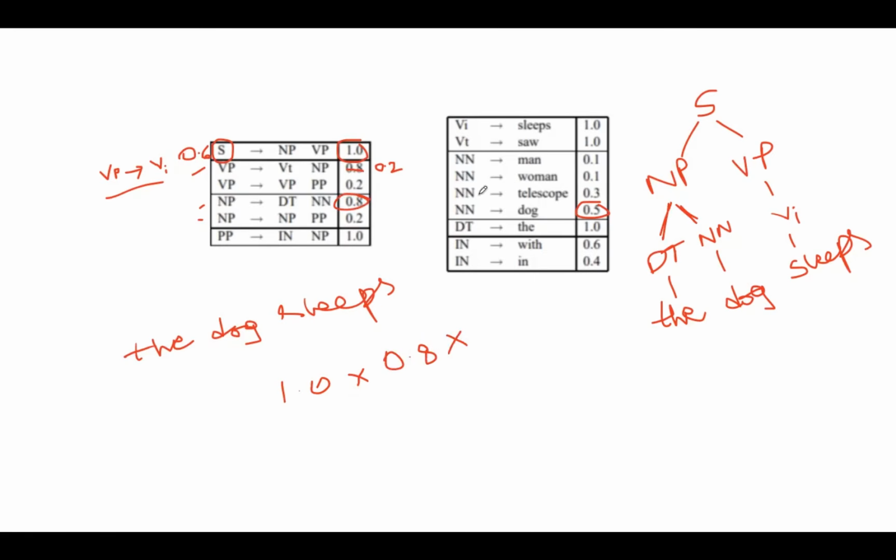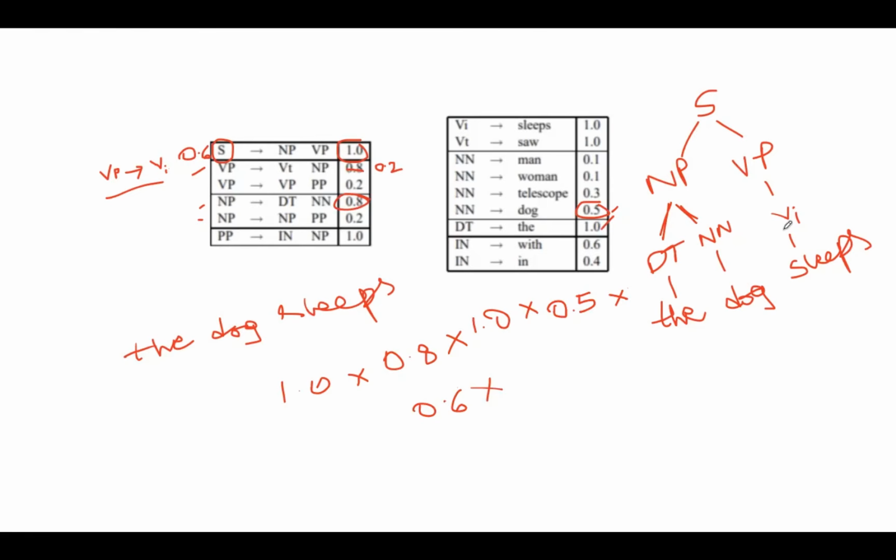Determiner derives the, with probability 1. Noun derives dog, with probability 0.5. Next, coming to the right subtree, VP derives VI with probability 0.6.